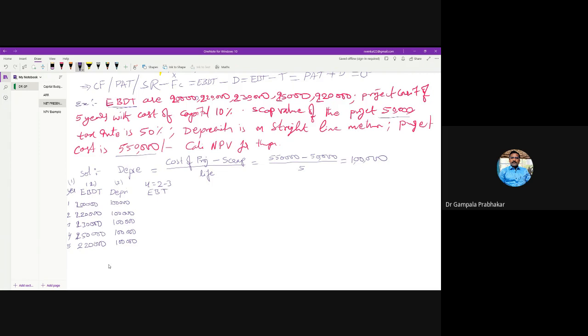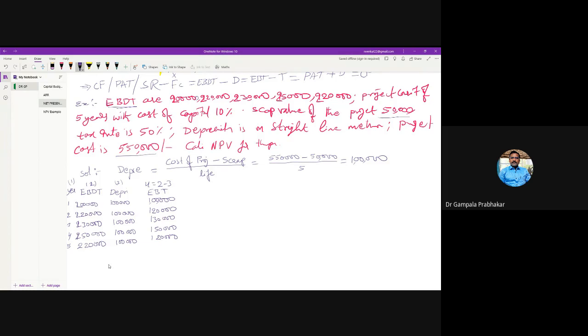So 2 lakh minus 1 lakh, 1 lakh is the earnings before tax, and then 1 lakh 20,000, 1 lakh 30,000, 1 lakh 50,000, and 1 lakh 20,000. After deducting depreciation, these are your earnings before tax values.